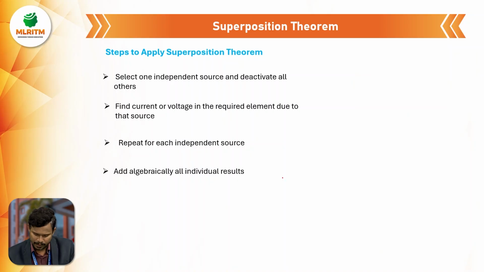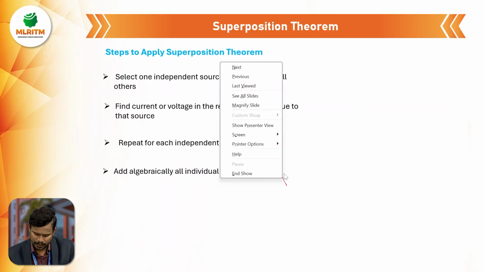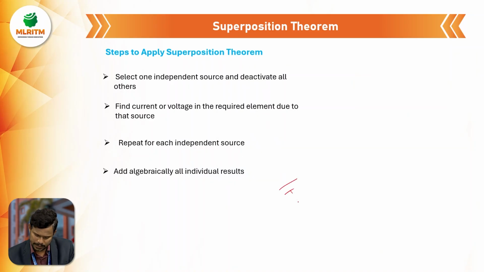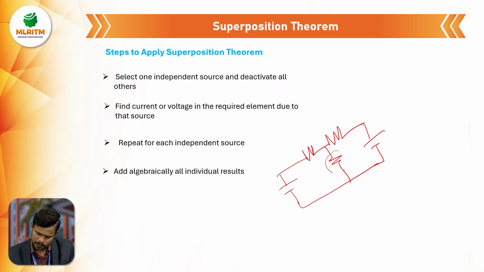That means if the circuit consists of two sources, then the response across the resistor, suppose this resistor is R3, with R1, R2, this one is V1 and this one is V2.